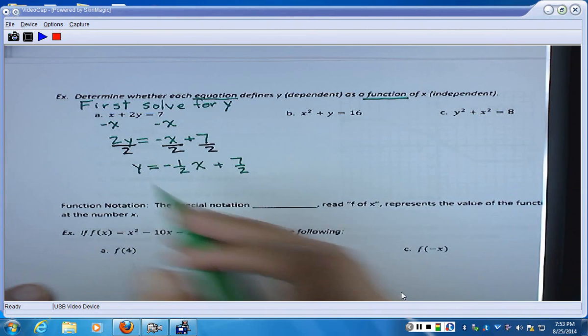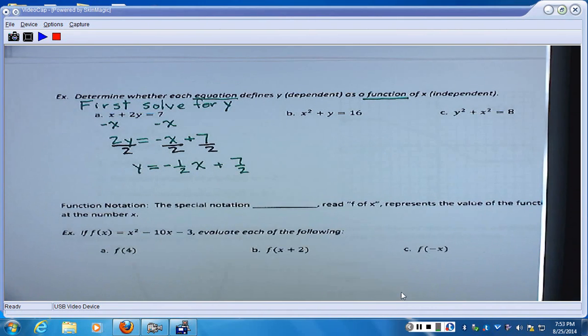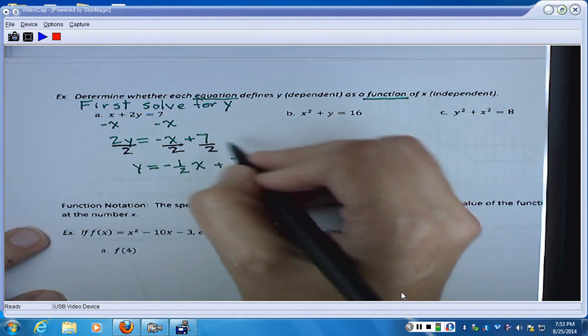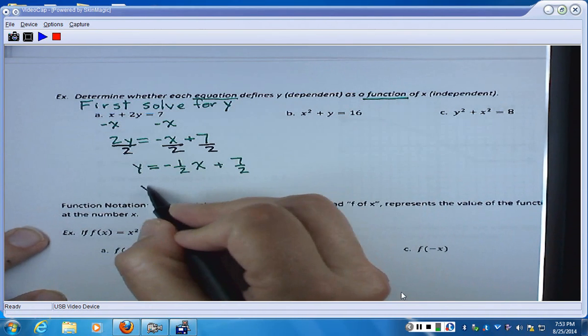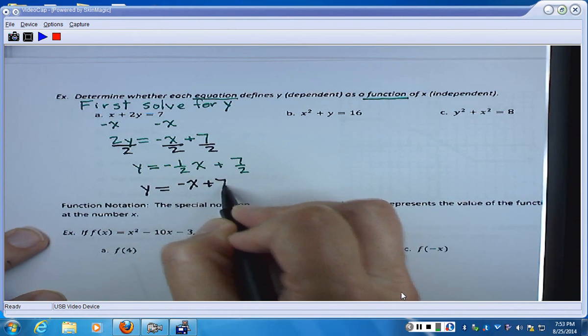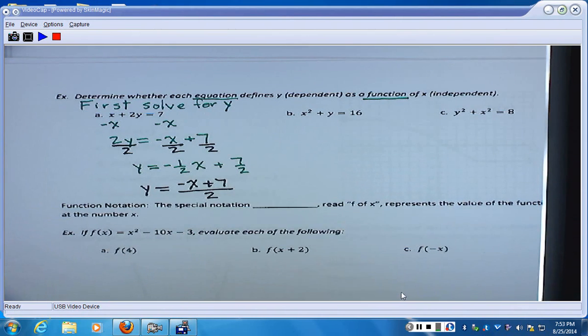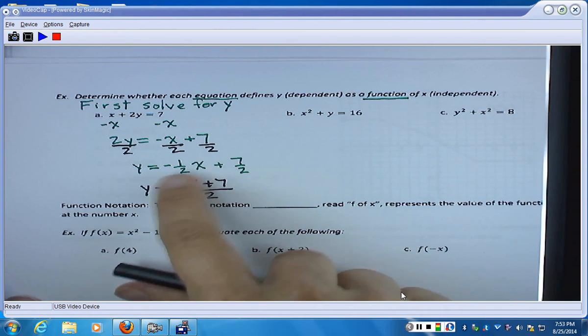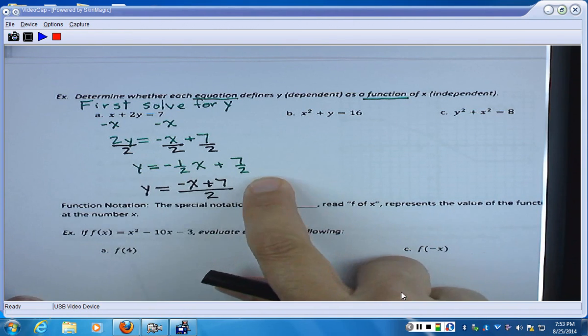Or you could have divided both. So you can write this many different ways. We could have written it as y equals negative x plus 7, all divided by 2. That's the same answer. If you want it in slope-intercept form, that's that way.